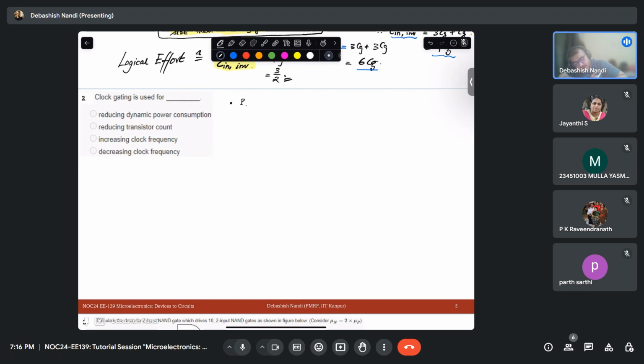What is the power dissipation we discussed in last class? P dynamic plus P static mostly, right? But P static is much less than your P dynamic.